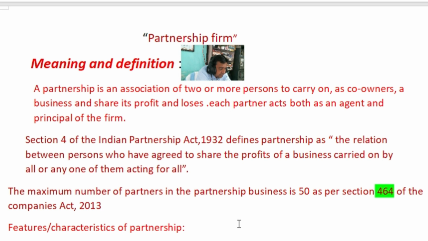All the elements of a valid contract must be present in the partnership. The persons entering into partnership must be competent to contract. They must be of sound mind. The object of partnership must be lawful. Therefore, a partnership business is based on agreement. The agreement of partnership may be expressed or implied, that is, written or oral. So it originates from mutual agreement among partners.